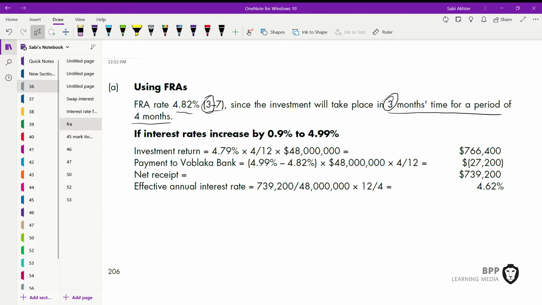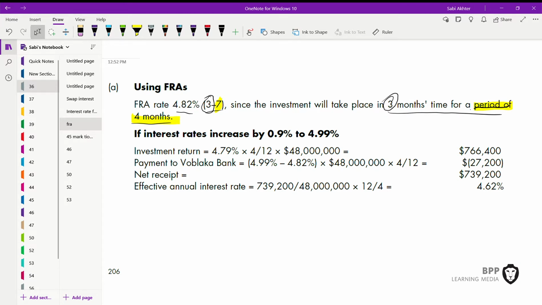For a period of 4 months, you add 4 with 3. You have to determine your starting point. Once you write your starting point correctly, there's very little chance that you are going to miss out on the next one. So 3 plus 4 is 7. That's why here if you see it is 7.